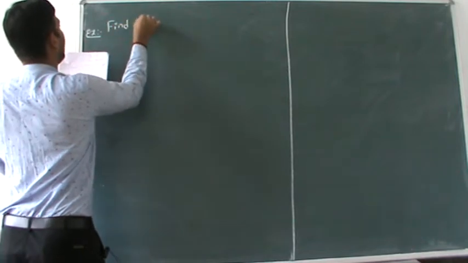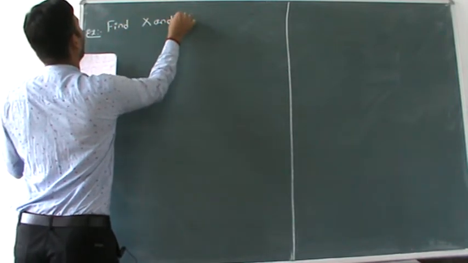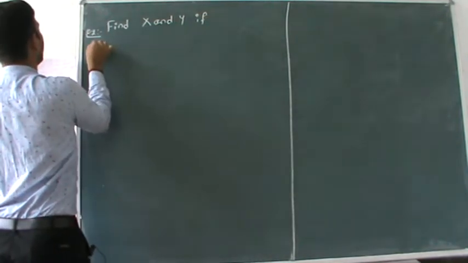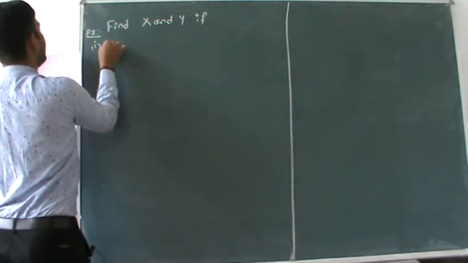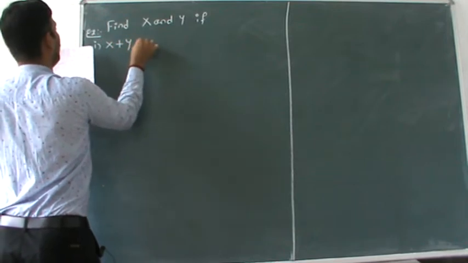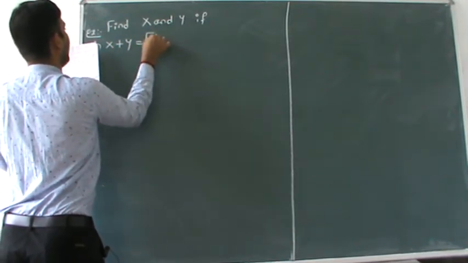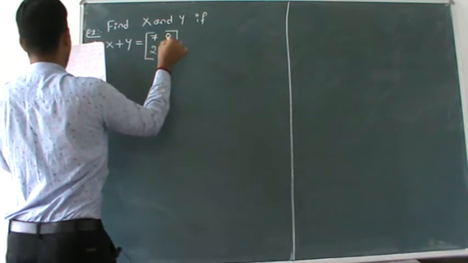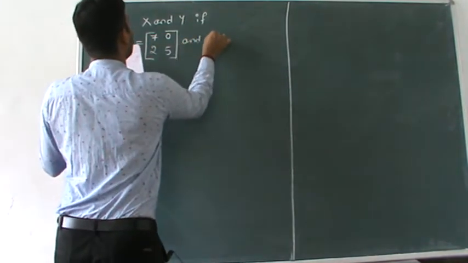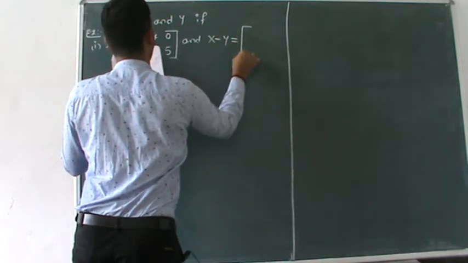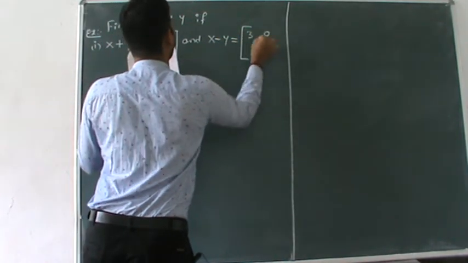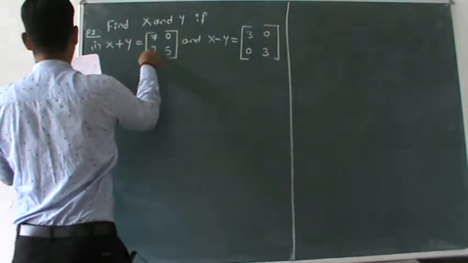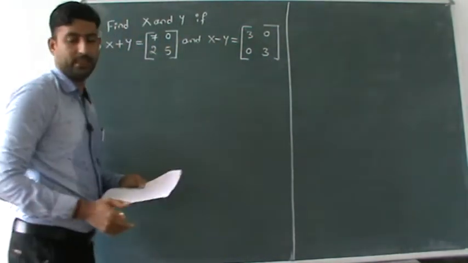Find x and y if x plus y is equal to the matrix [7 2; 0 5] and x minus y is equal to the matrix [3 0; 0 3].